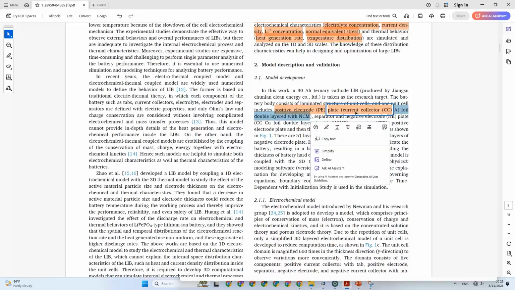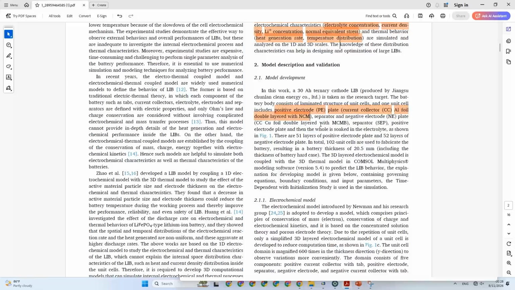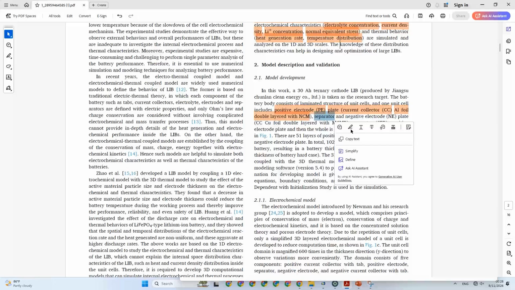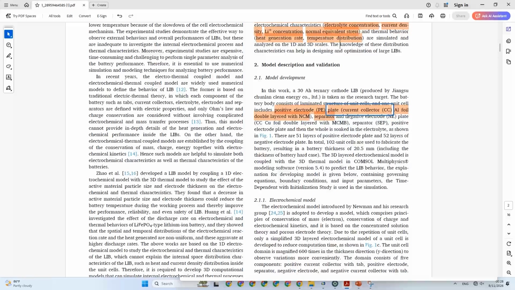This is the current collector maybe, and the separator, and the negative electrode plate, CC Cu foil double layer with MCMB.